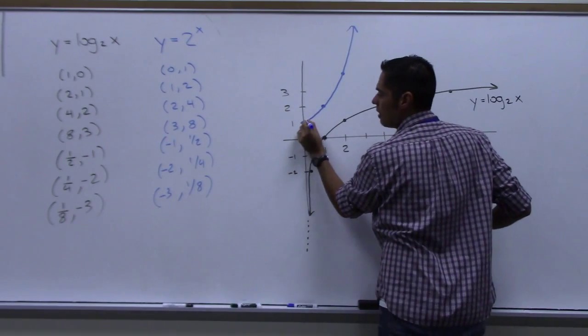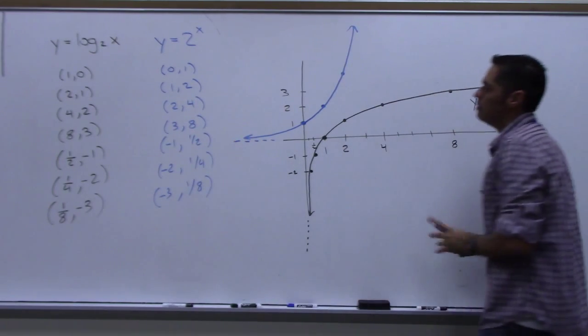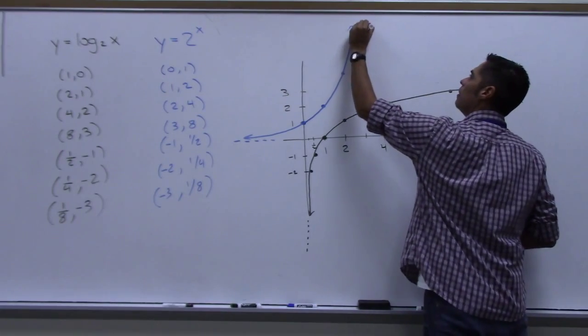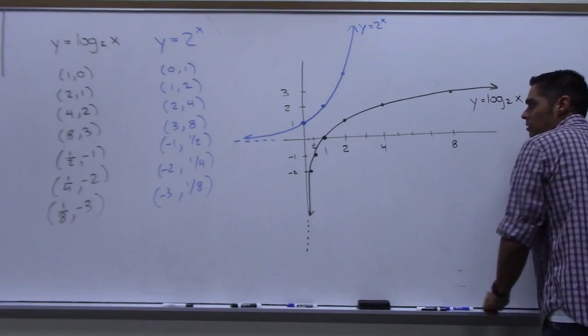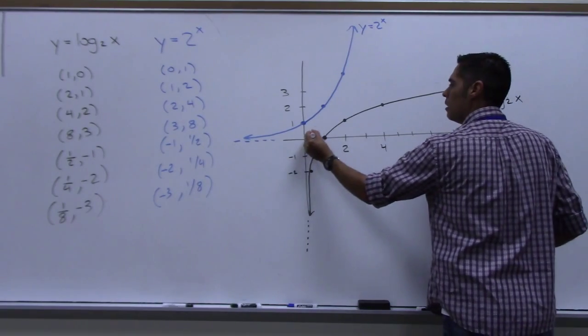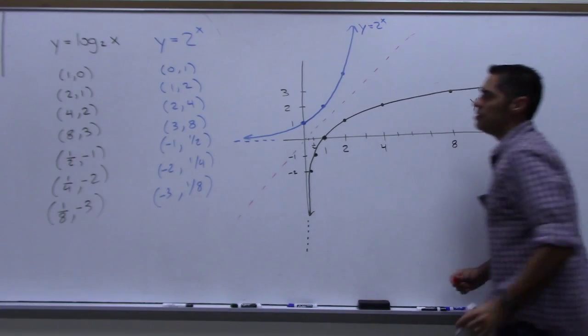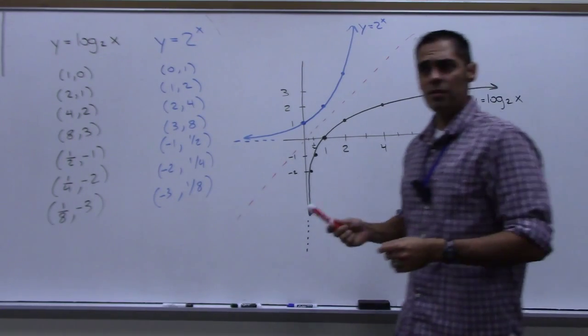So you see those two? That's 2 to the x. And if I draw the diagonal in here, like this, you can see that they are mirror images of each other over that diagonal. Therefore, they are inverses of each other.